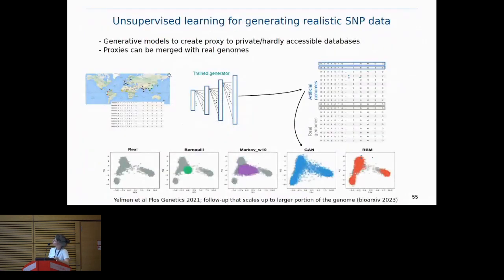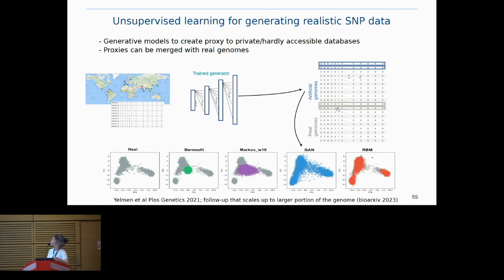So we trained such a fully connected GAN on 1,000 Genomes data, again human populations spread worldwide. And once it was trained, we could use the generator to generate new pieces of genomes. What I want to highlight is that these genomes have a one-to-one correspondence in terms of SNPs with the real data, so they can really be merged together. The first SNP of the artificial genome corresponds to the first SNP of the real genome.